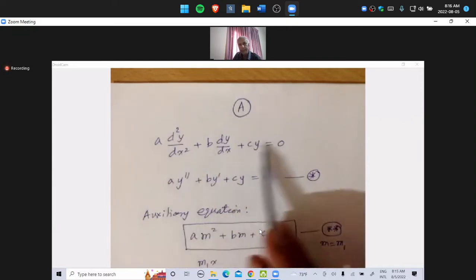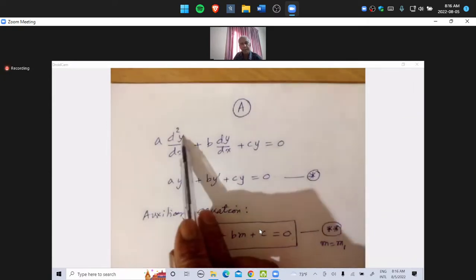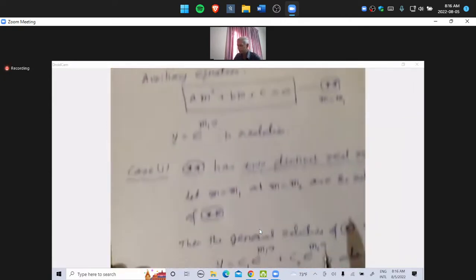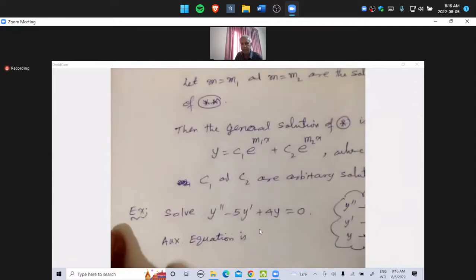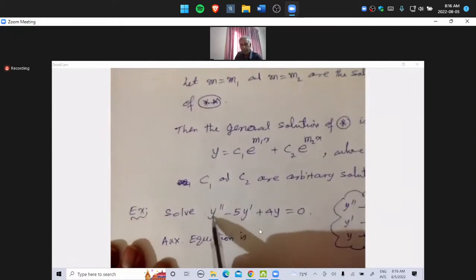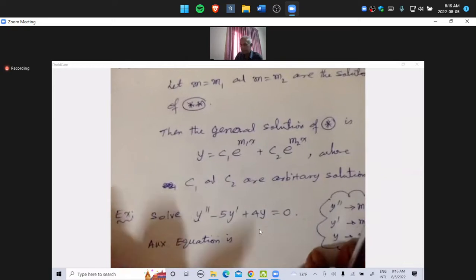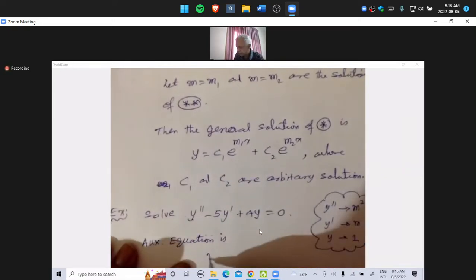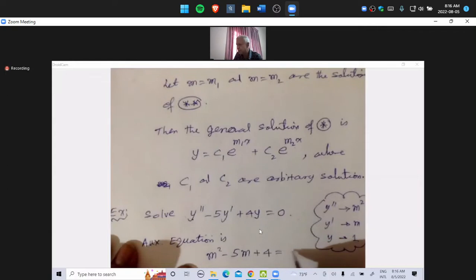If you do that to this equation, can somebody tell me the auxiliary equation? Yes, very good. m squared minus 5m plus 4 equal to 0.